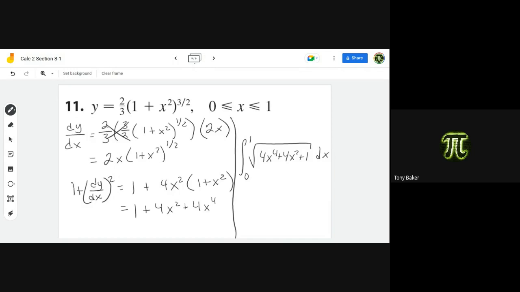Distribute your parentheses under your square root.